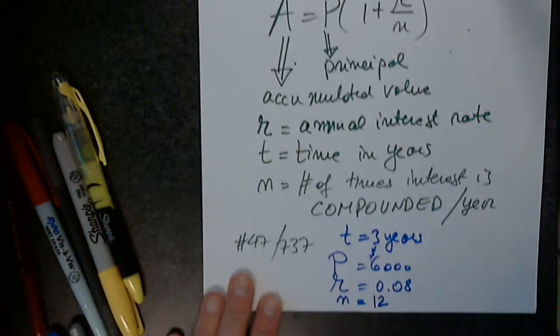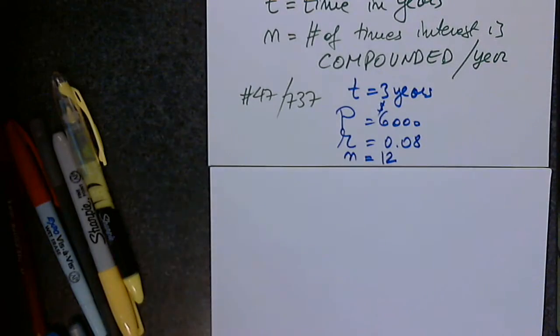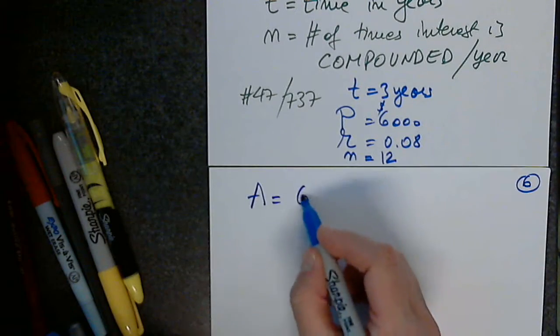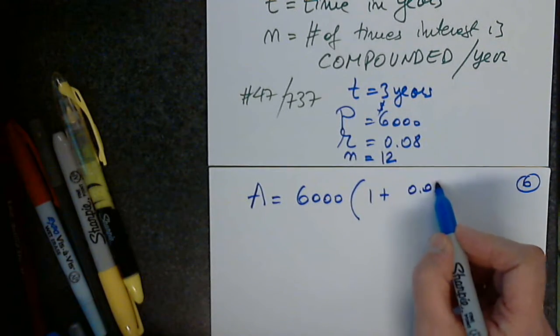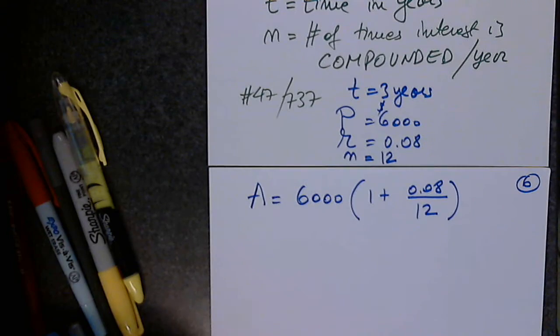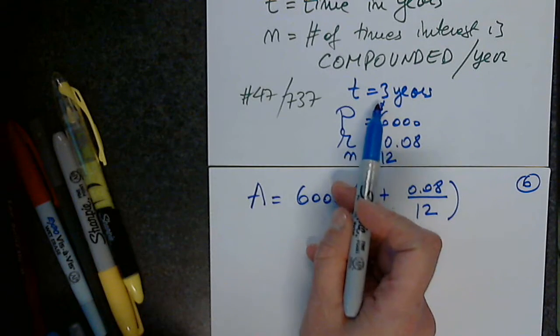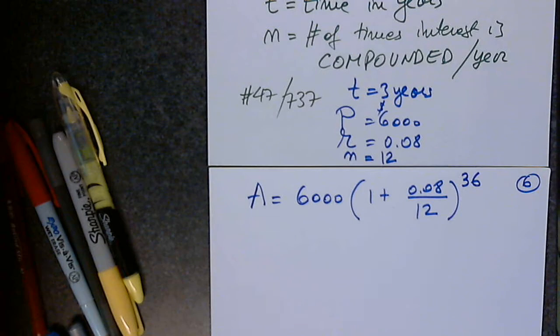We have P, which is 6,000. We have r, which is 0.08. And we have n, which is 12. And all we have to do is what? 6,000 in parentheses, 1 plus 0.08 divided by 12, everything raised to the power n times t. How much is n times 3? 36. No one can do this by hand, I don't think.